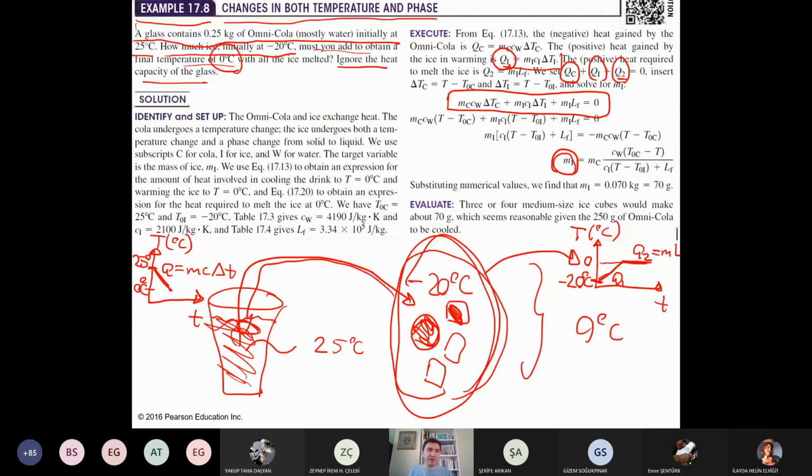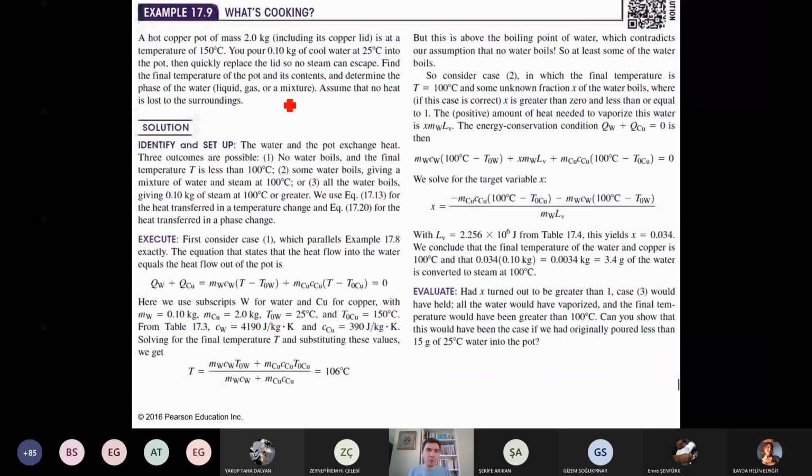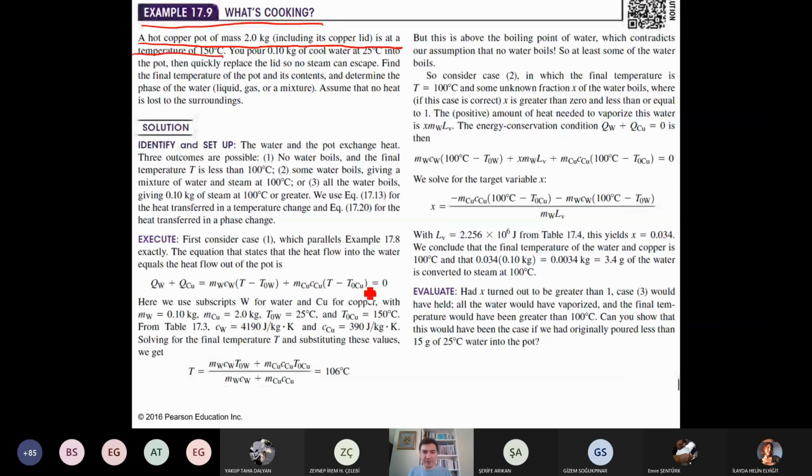I have two more examples with this part. Example 17.9, what is cooking? A hot copper pot of mass 2 kg, including its copper lid, is at a temperature of 150 degrees Celsius. We have a copper pot and it has a certain lid.